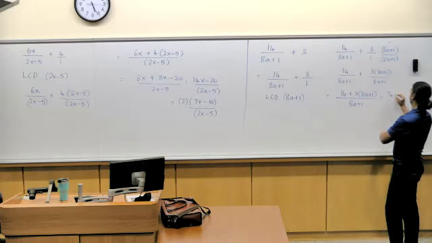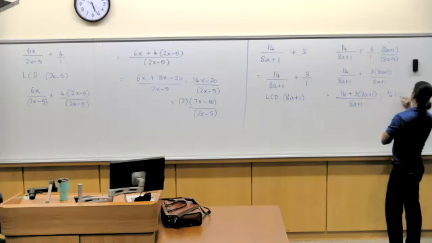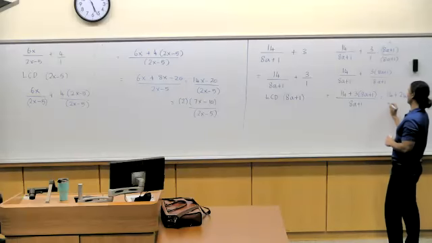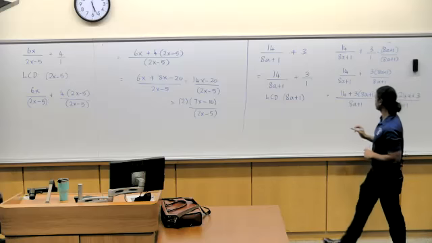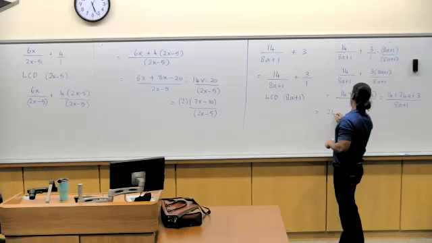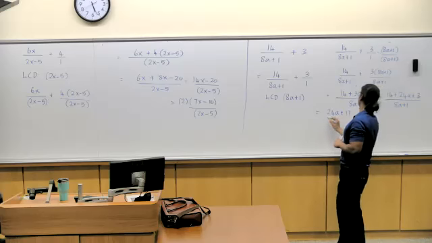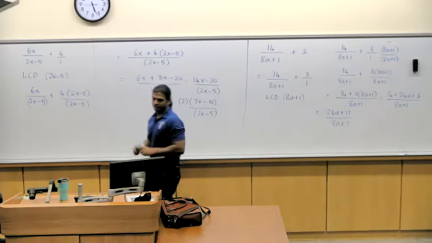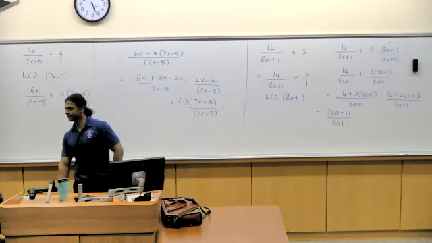So 14, distribute the 3 times 8a, 24a, 3 times 1, get 3, divided by 8a plus 1. 24a, 14 plus 3 is 17, divided by 8a plus 1. We can't simplify it any further because we have nothing in common. Good.